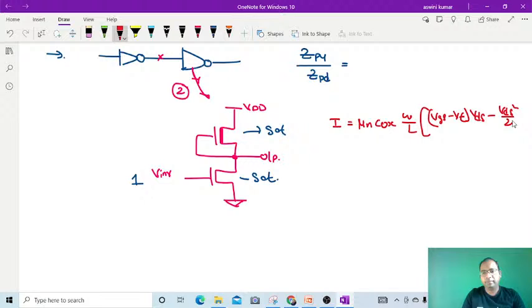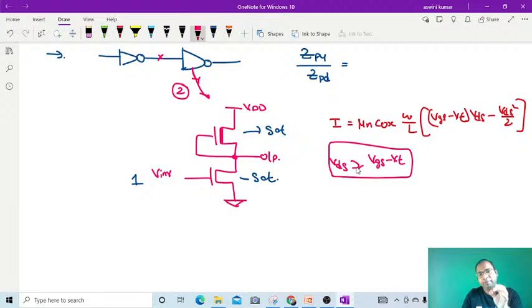So we'll write like this. Now if I'm taking the saturation case, VGS minus VT, saturation case, VDS will be greater than or equal to VGS minus VT. Usually we will take like this.